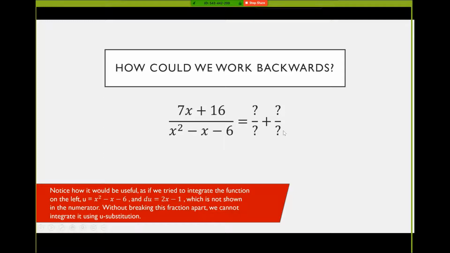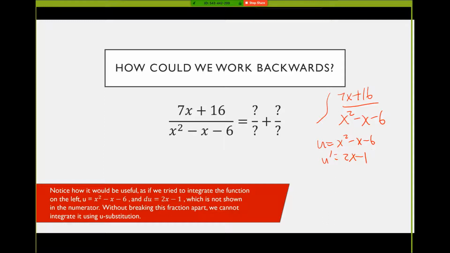And the reason why I want to work backwards is because if I was going to try to integrate this function, if I was going to integrate 7x plus 16 over x squared minus x minus 6, then I would say my u would be the bottom part of this fraction, x squared minus x minus 6, that makes u prime 2x minus 1, which I can't rewrite in order to become 7x plus 16.